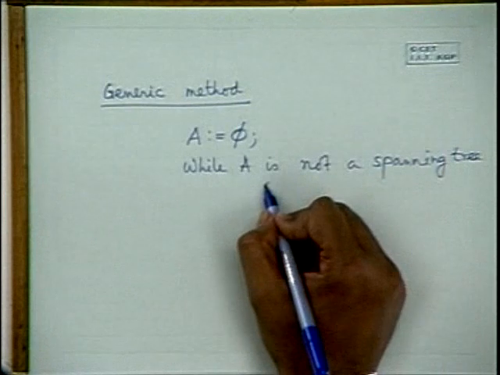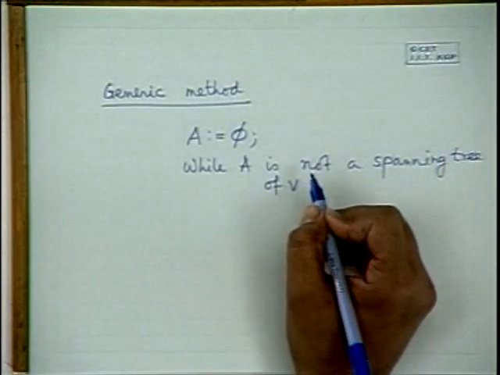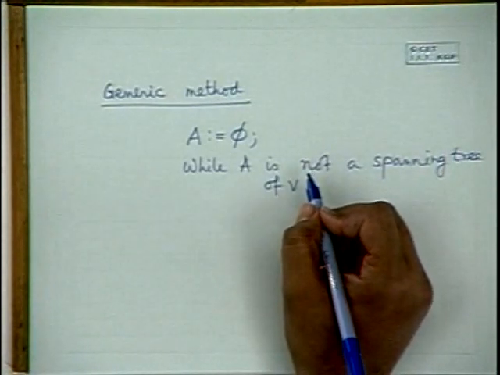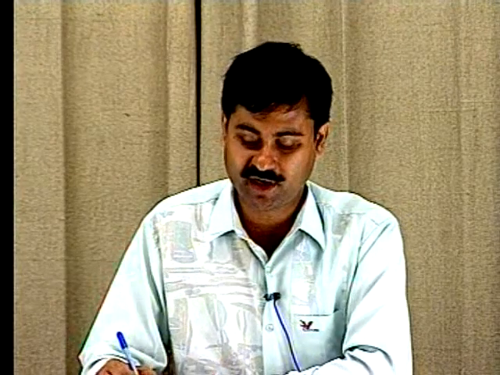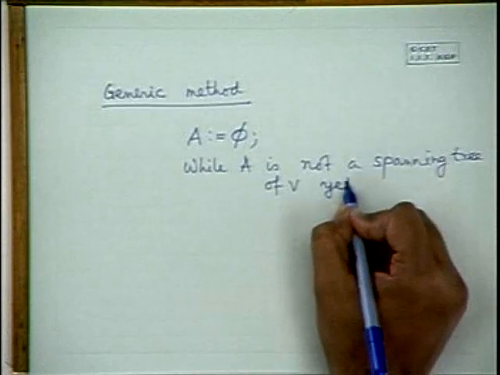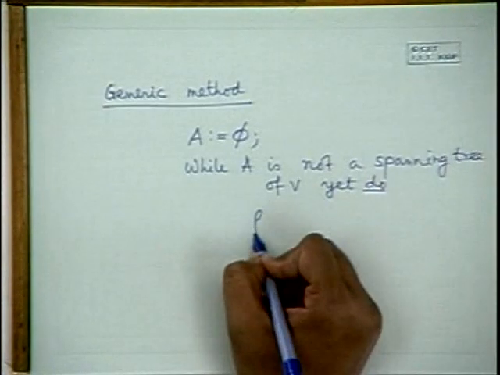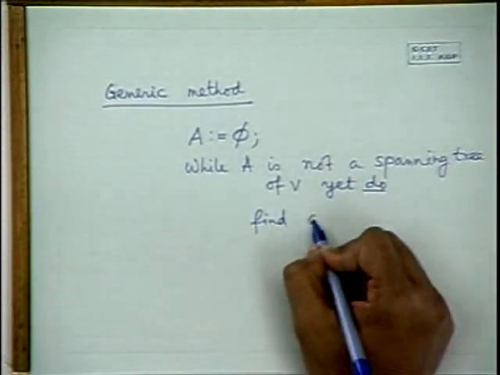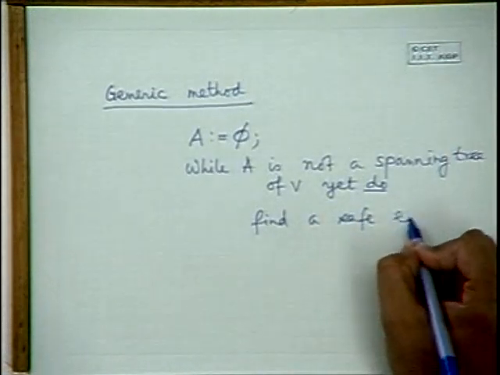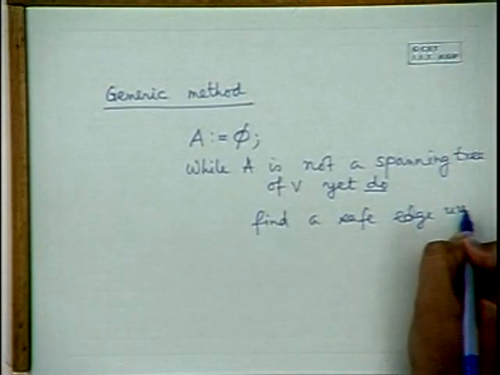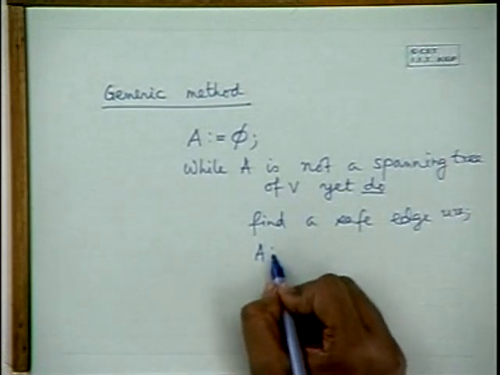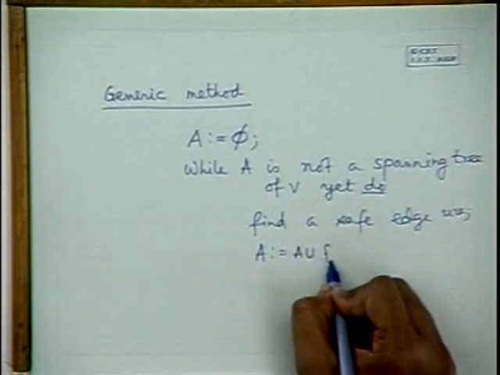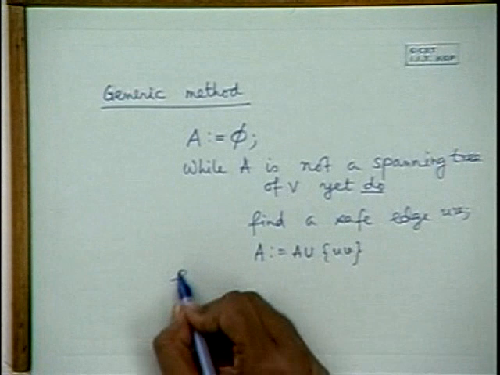Very easily. The number of edges should be V minus 1 or N minus 1. Immediately you can say it is a spanning tree. While A is not a spanning tree yet, find a safe edge UV and A becomes A union UV. End while.